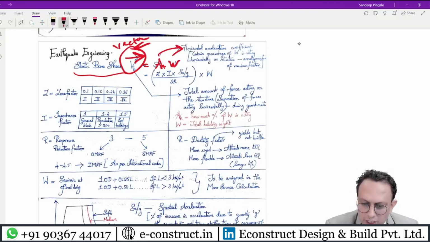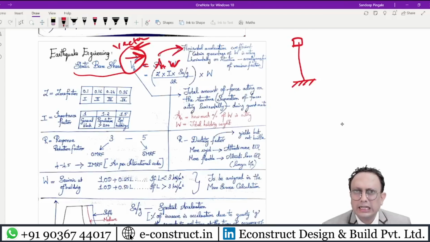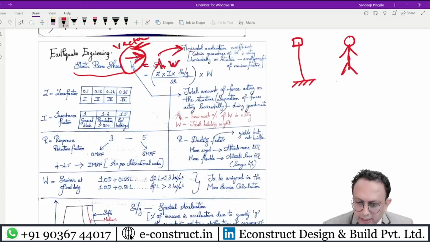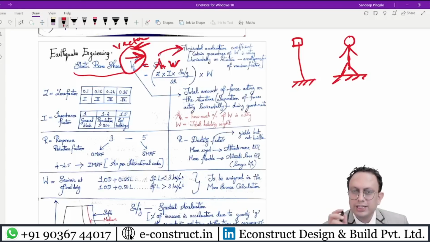I'd like to explain it. Let's say, for example, this is a building. It is a little difficult to understand, so let's say this is a person, standing on the ground, and somebody gives a shoulder push, maybe like playing football.